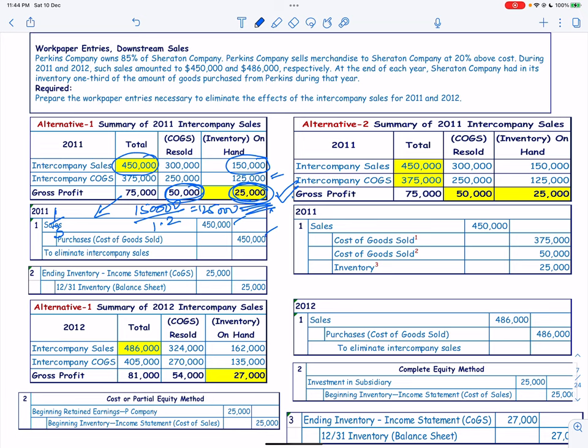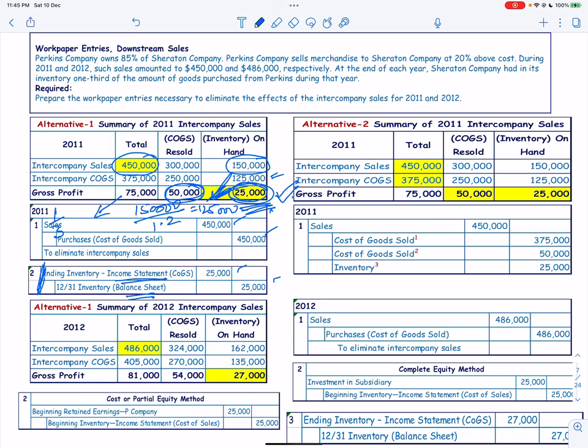And the work paper entry to accomplish this elimination and to reduce inventory on both the income statement and the balance sheet is as follows. Ending inventory income statement is debit and ending inventory balance sheet is credit by 25,000, and we have made this entry to eliminate the deferred unrealized profit of 25,000.